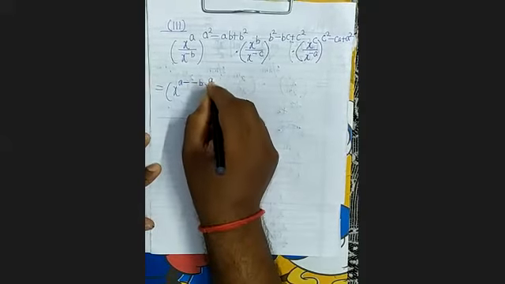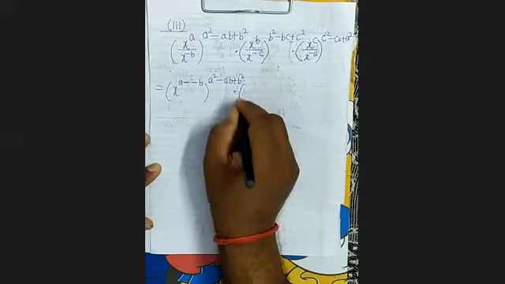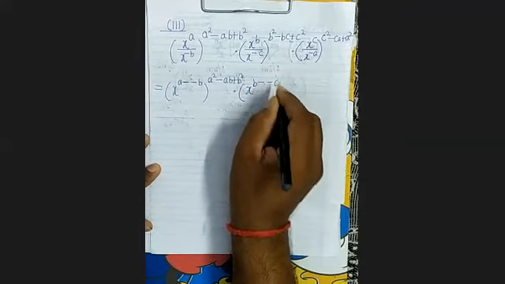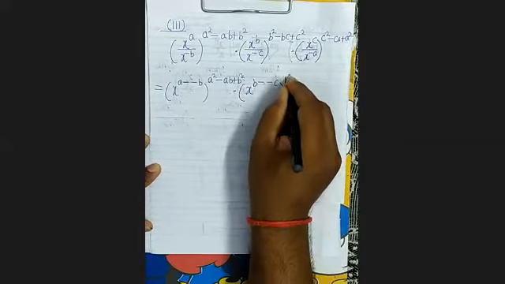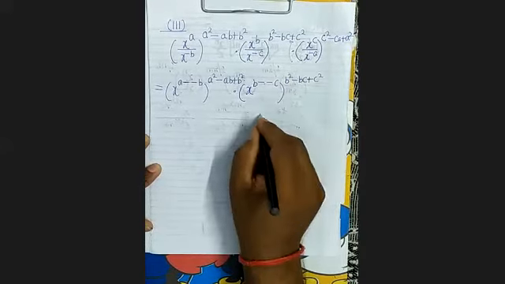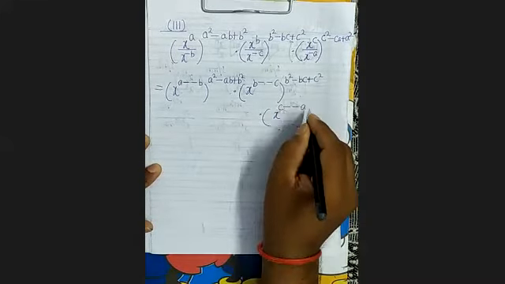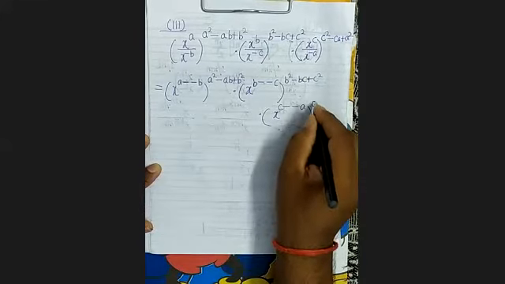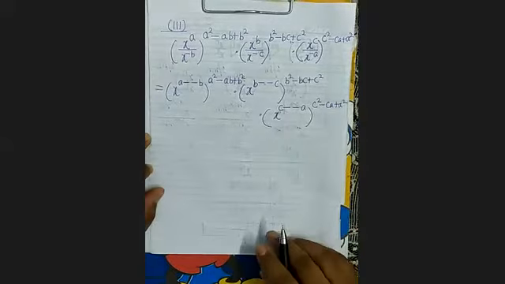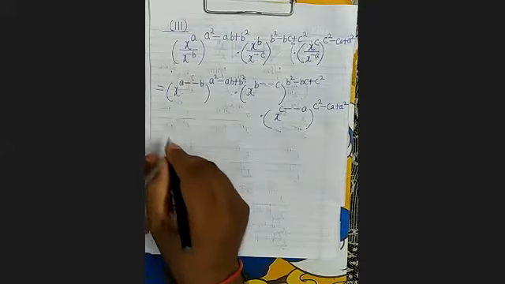to the power a square minus ab plus b square. Then x to the power b minus minus c whole to the power b square minus bc plus c square, into x to the power c minus minus a whole to the power c square minus ca plus a square. Minus into minus is plus.